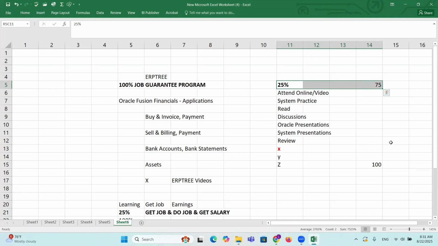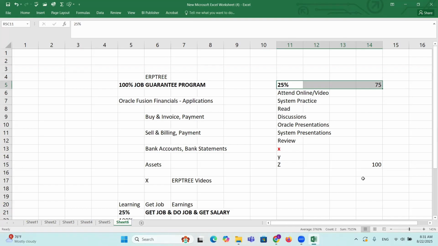We exercise various things: discussions, oral presentations, system presentations, rapid rounds, rapid fires, status calls, review meetings, KT sessions.